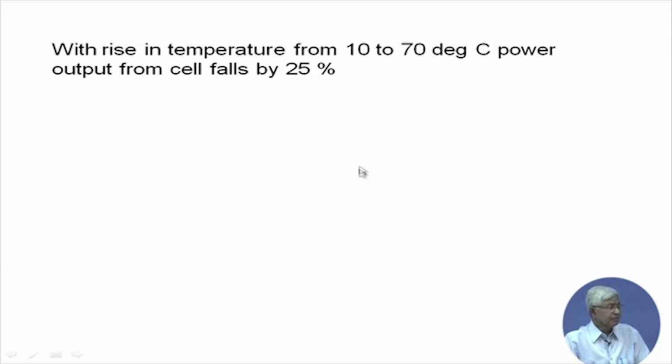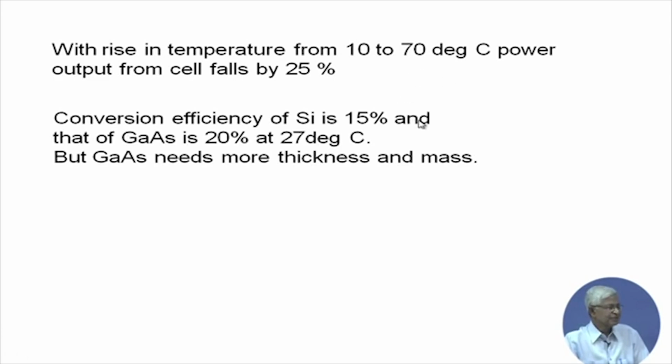There are other problems: with temperature variation, the power output from the cell falls. As the temperature rises, it falls, and of course solar cells face different temperatures at different times. When it is away from sun or at certain tilt angle, it will face different temperatures.